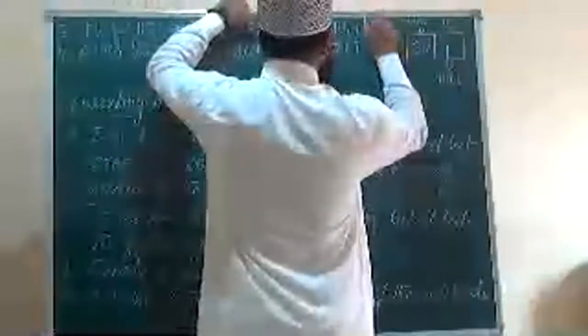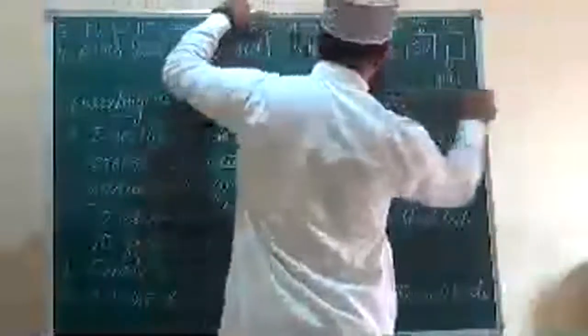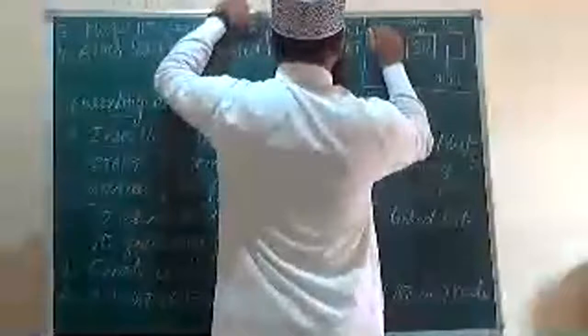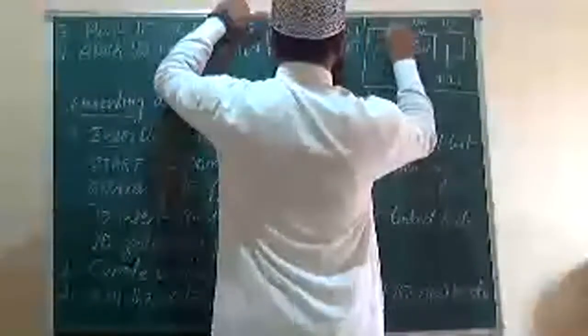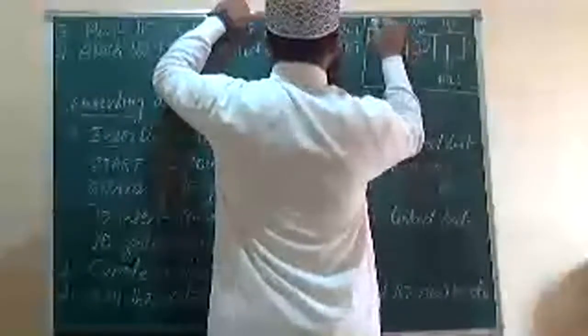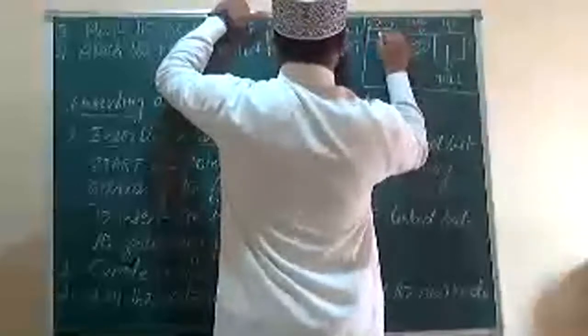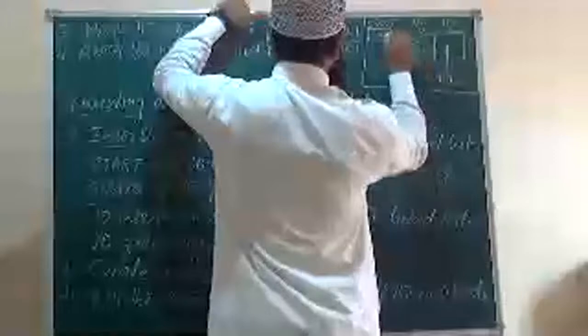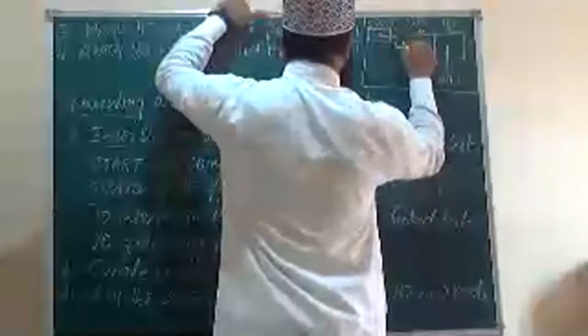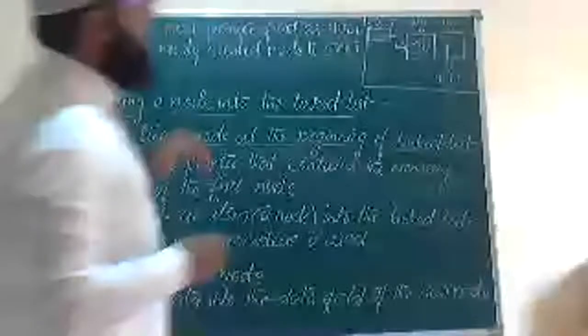Okay, attach the newly created node to start. So this can be connected to start. Take this pointer as start. This newly created node is going to be attached to the start.